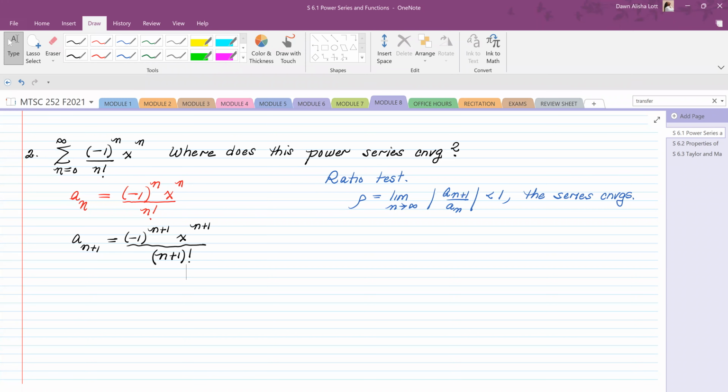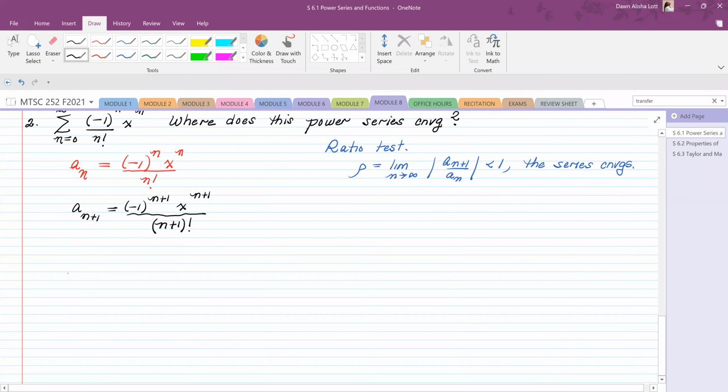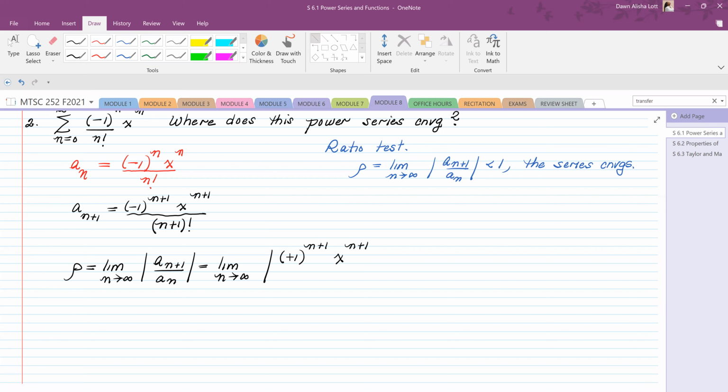Okay. So rho, the limit as n approaches infinity of the absolute value of a_(n+1) over a_n. So that's the limit as n approaches infinity of the absolute value. So a_(n+1) is minus 1 to the n plus 1 times x to the n plus 1 divided by n plus 1 factorial. And when I divide by a_n, I multiply by its reciprocal.